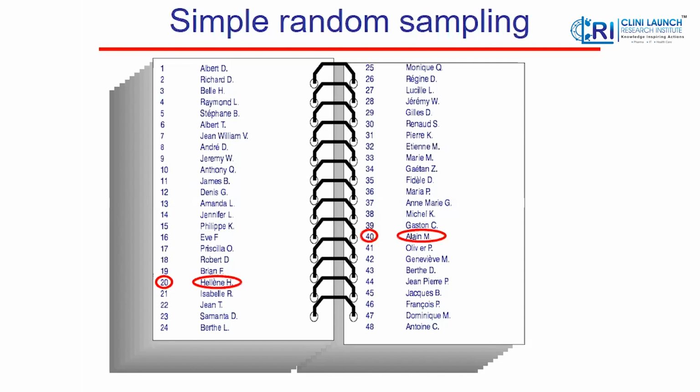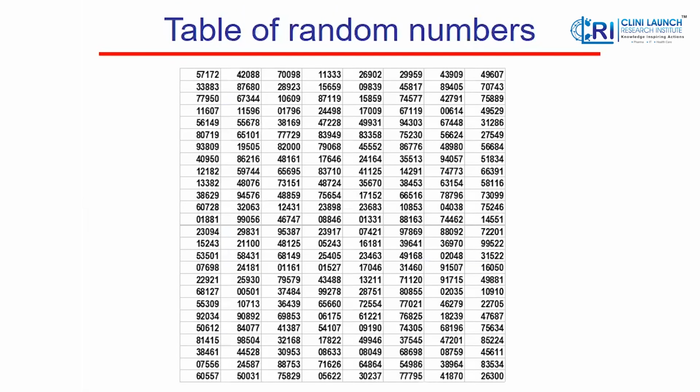You randomly select students until you get the 100 students. Or there is another method, which is the random number table. For example, you select a number and you cross it. Why are you crossing it? This shows that the method you are employing in simple random sampling is without replacement.